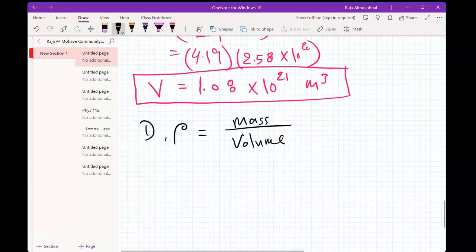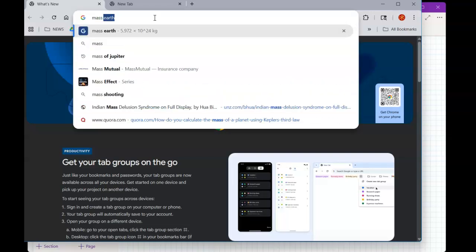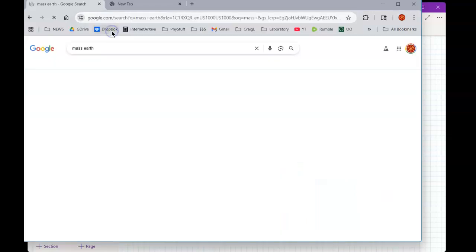And the mass of the Earth, let me go back to the web. Mass of Earth, right there. It seems like I've looked it up already.